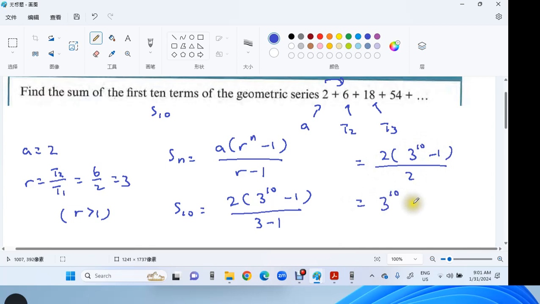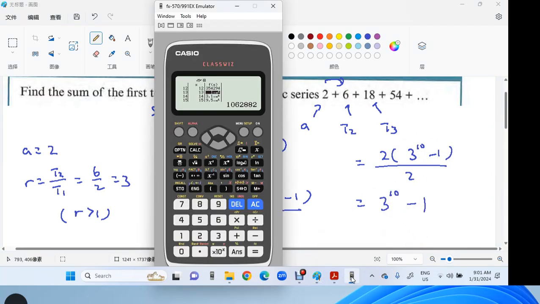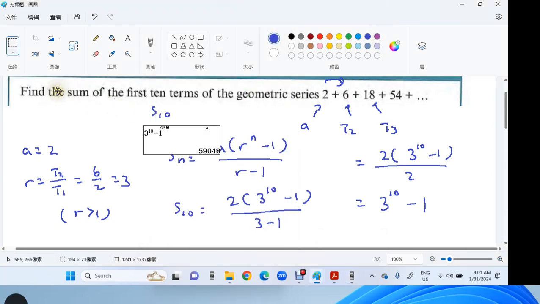So we can write the answer like this, 3^10 minus 1. Then 3^10 minus 1 will be this, so this will be the answer.